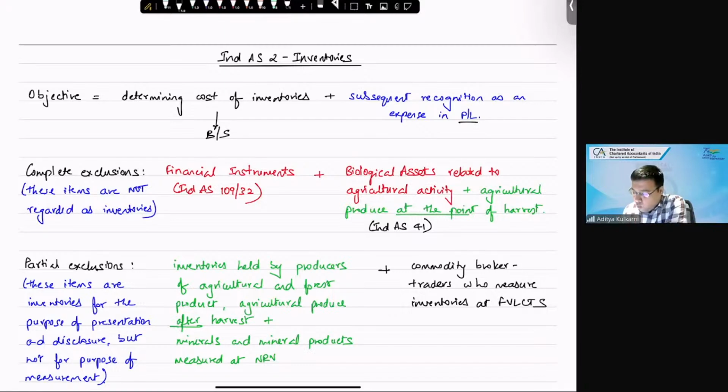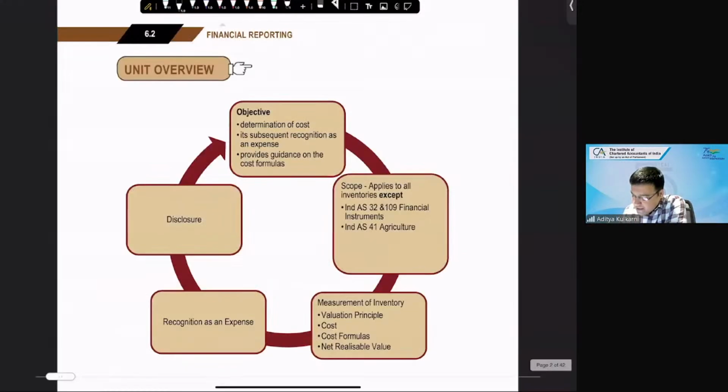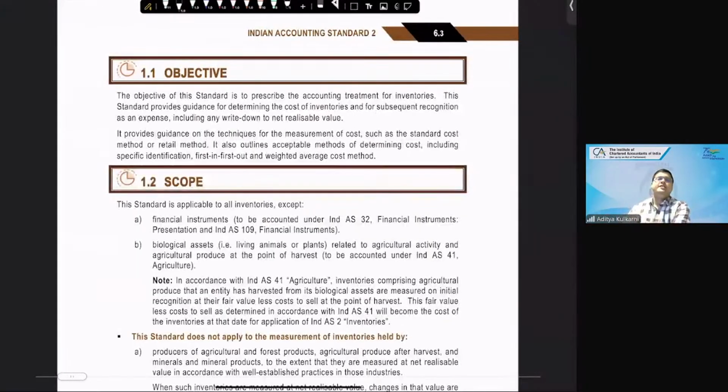Now, why do we have a separate standard on inventories? See, in the manufacturing sector, inventories constitutes a very significant portion of your financial statements. After the property, plant and equipment appearing in the balance sheet, typically the next major item will be your inventories itself.